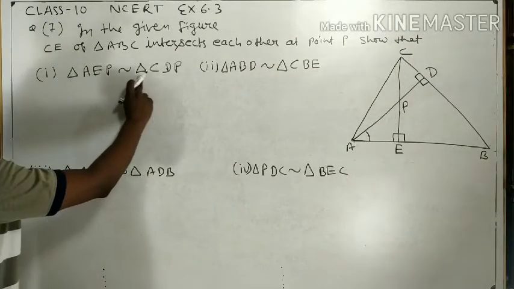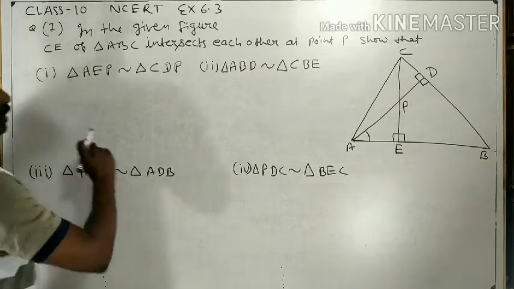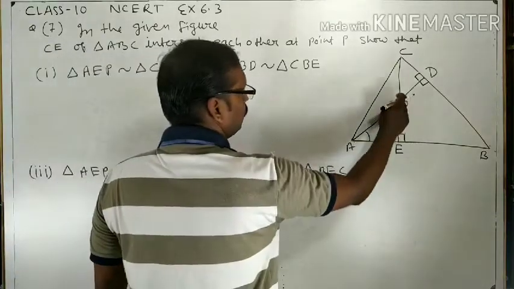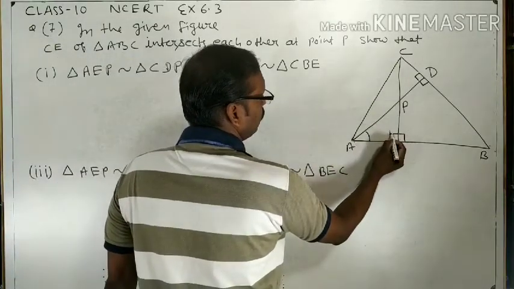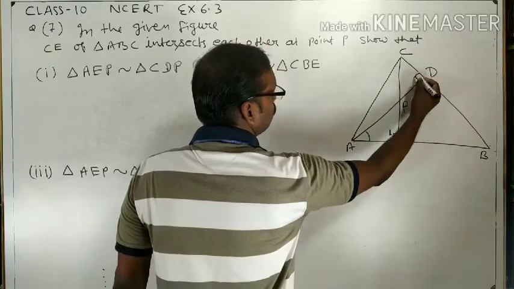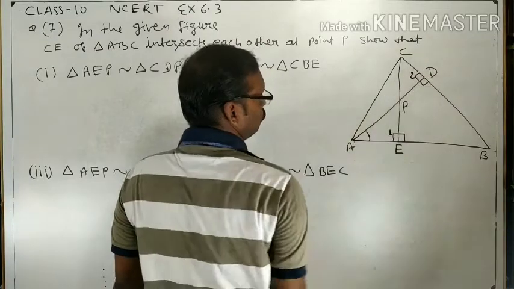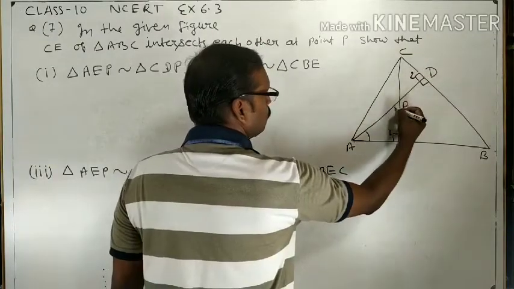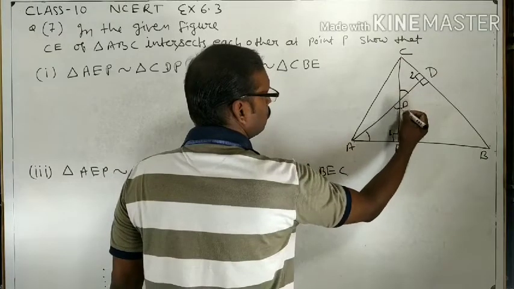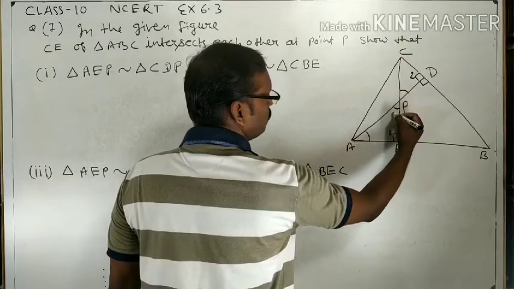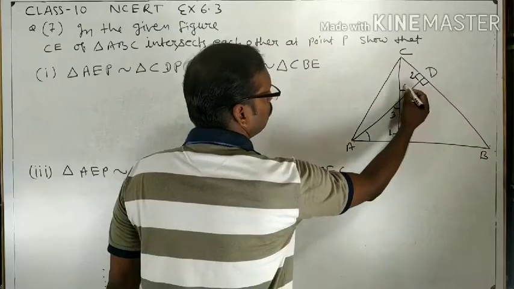Now we start from part 1: triangle AEP similar to triangle CDP. We clearly see that in triangle AEP this one is a right angle and this one is also a right angle, so angle 1 equals angle 2. These two angles are vertically opposite angles, name them 3 and 4.